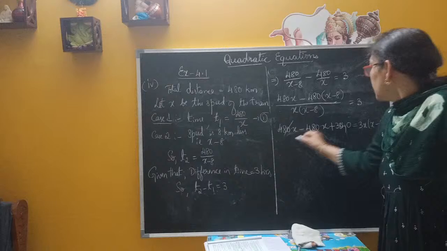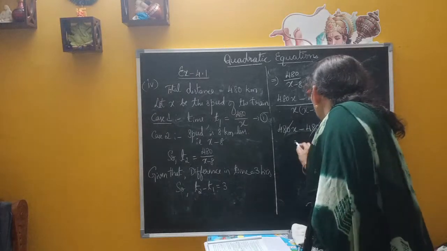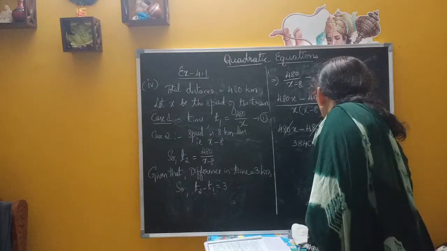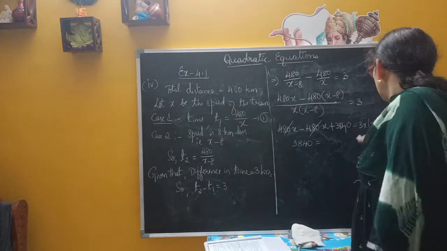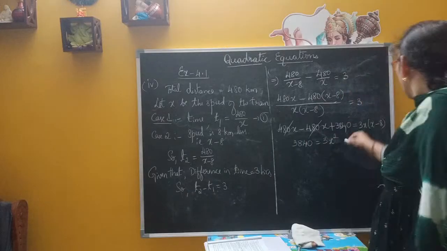So here 480x minus 480x get cancelled, and 3840 remains.